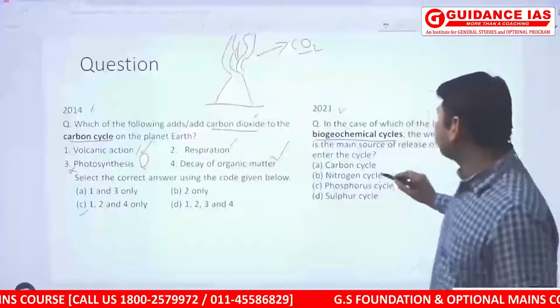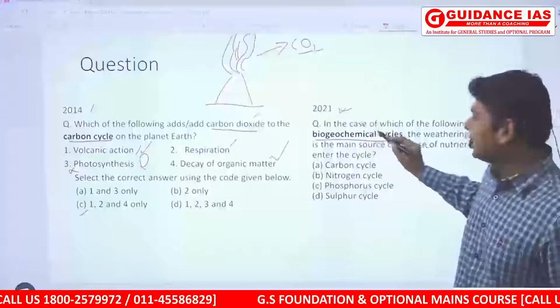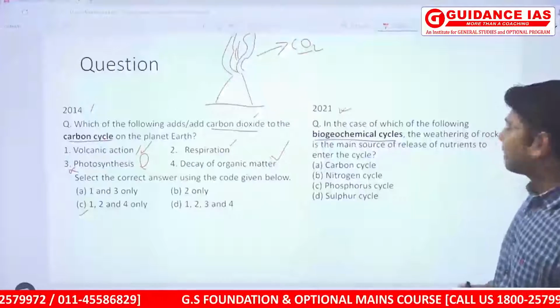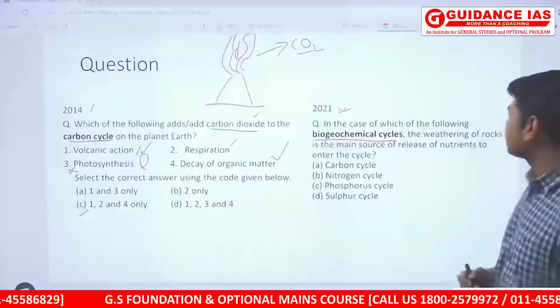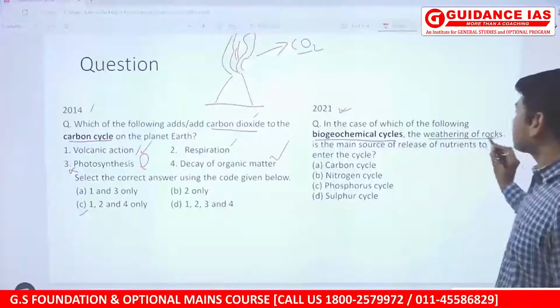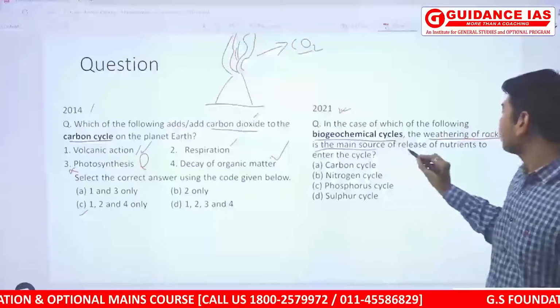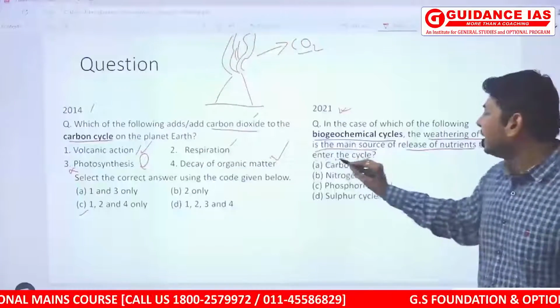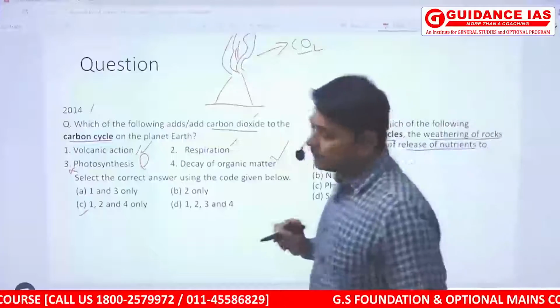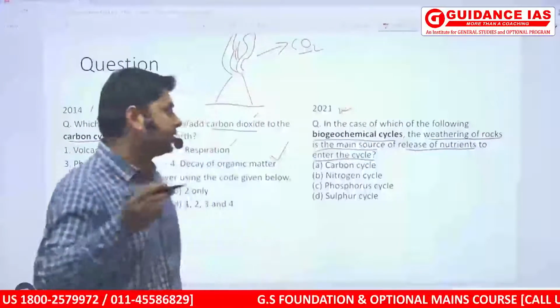Now, the next question of 2021 says: in the case of which of the following biogeochemical cycles is the weathering of rocks the main source of release of nutrients to enter the cycle? I am reading the question once again.